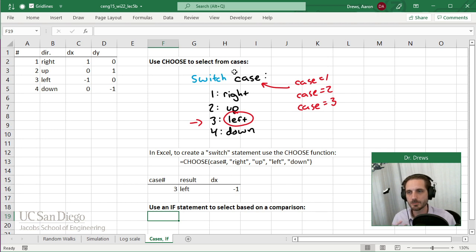So a switch statement or a choose function like we did before has clearly enumerated cases. It can only be case 1, case 2, case 3, or case 4. But you can also make decisions based on comparisons, such as if a particular value is less than another value or greater than another value or equal to another value. If you want to have that level of flexibility, then you're going to need an if statement.